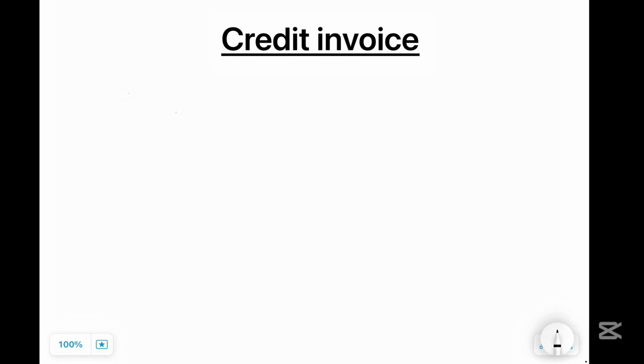So a credit invoice is a document that is given to a debtor when they buy on credit. Okay, so already we know that a debtor is someone who buys on credit, right?